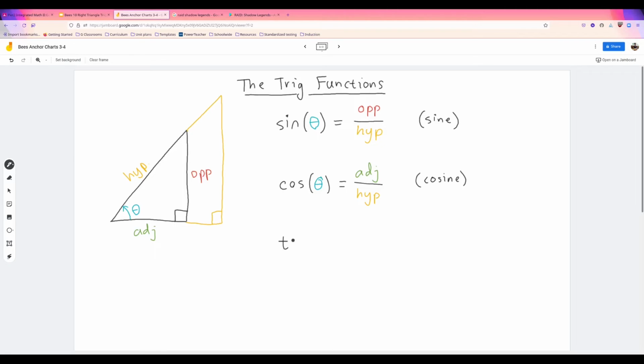And then the tangent of theta is equal to the opposite side divided by the adjacent side.